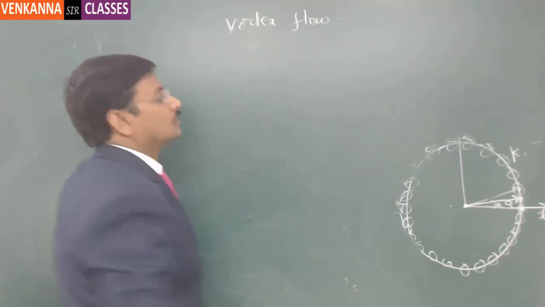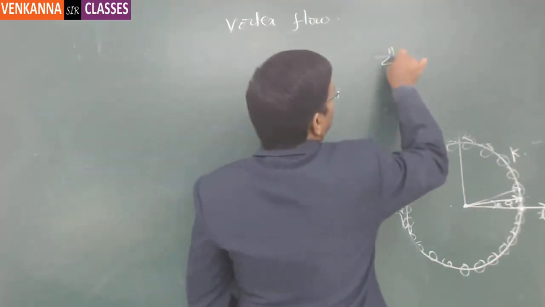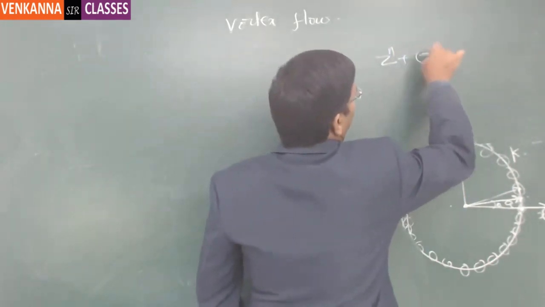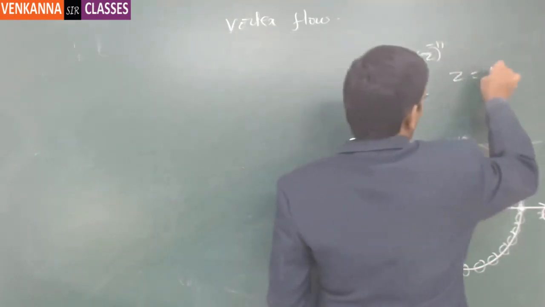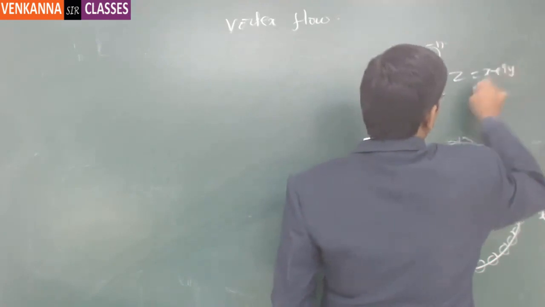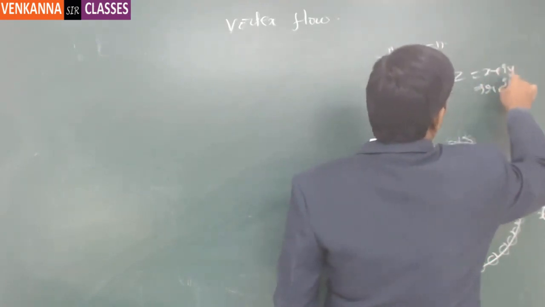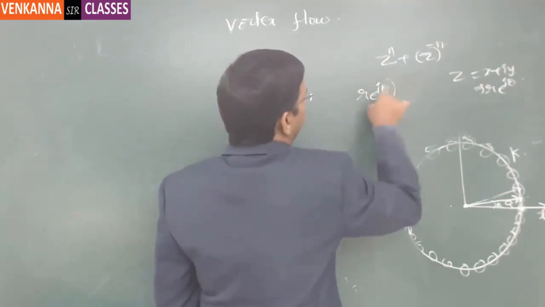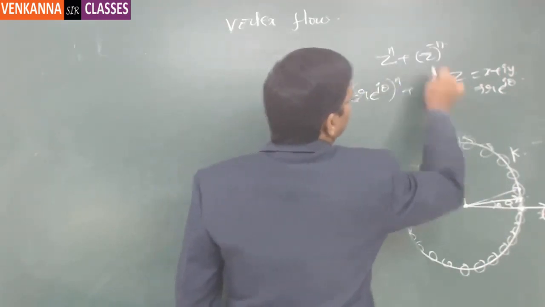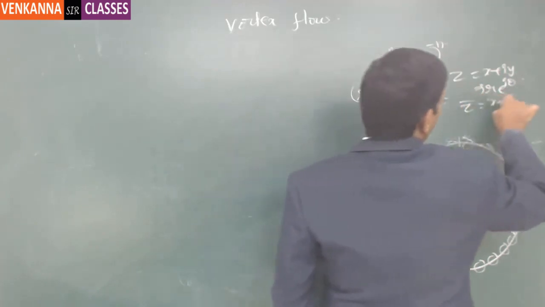So here we have z^n + z̄^n. You know that z is equal to x + iy, and this can be treated as r e^(iθ). Now here it is (r e^(iθ))^n, plus this z̄, which will be x − iy.